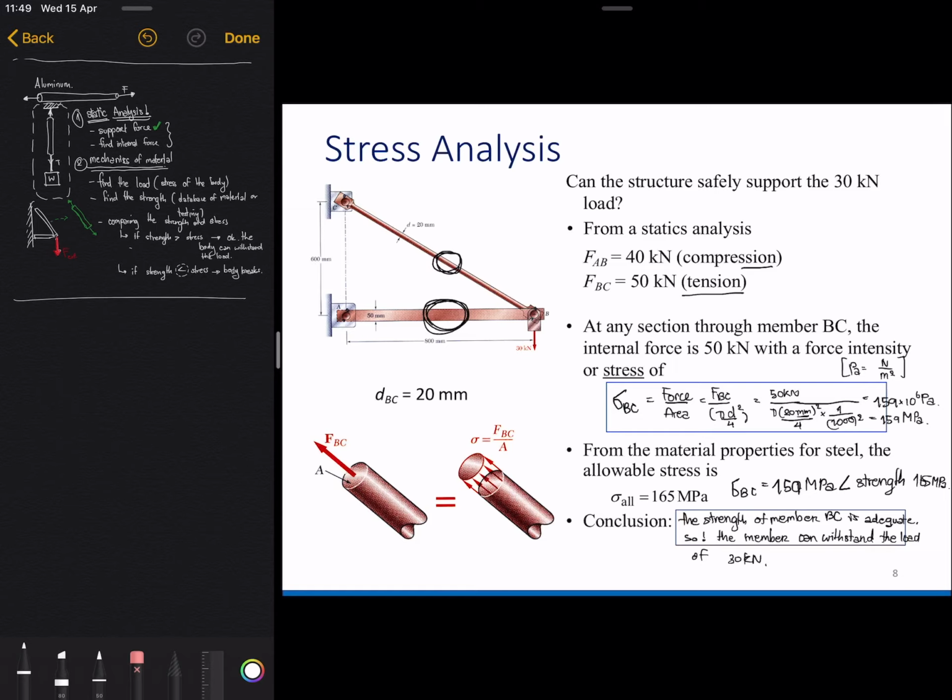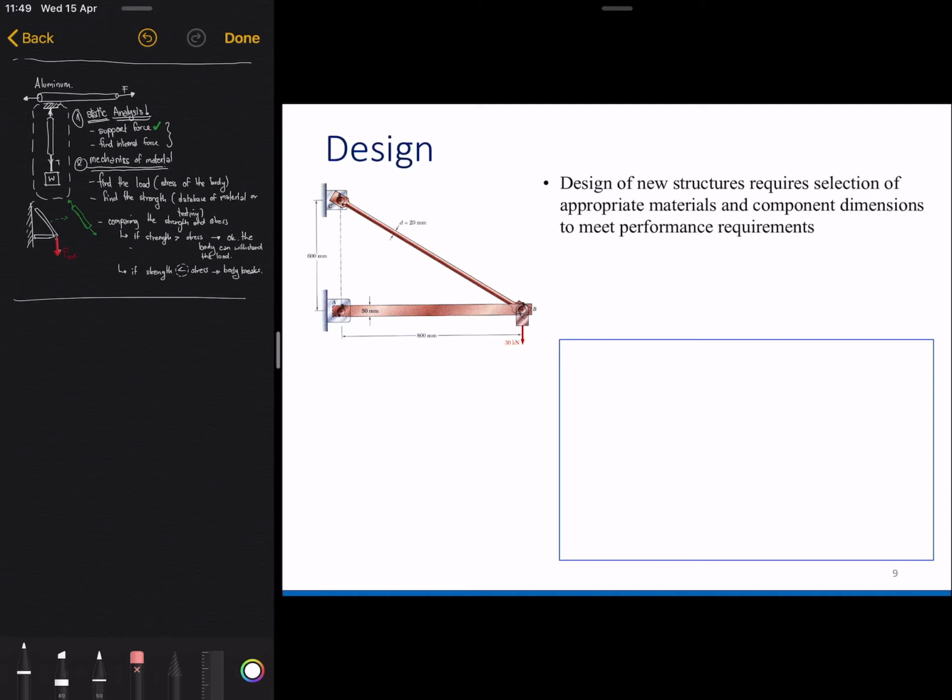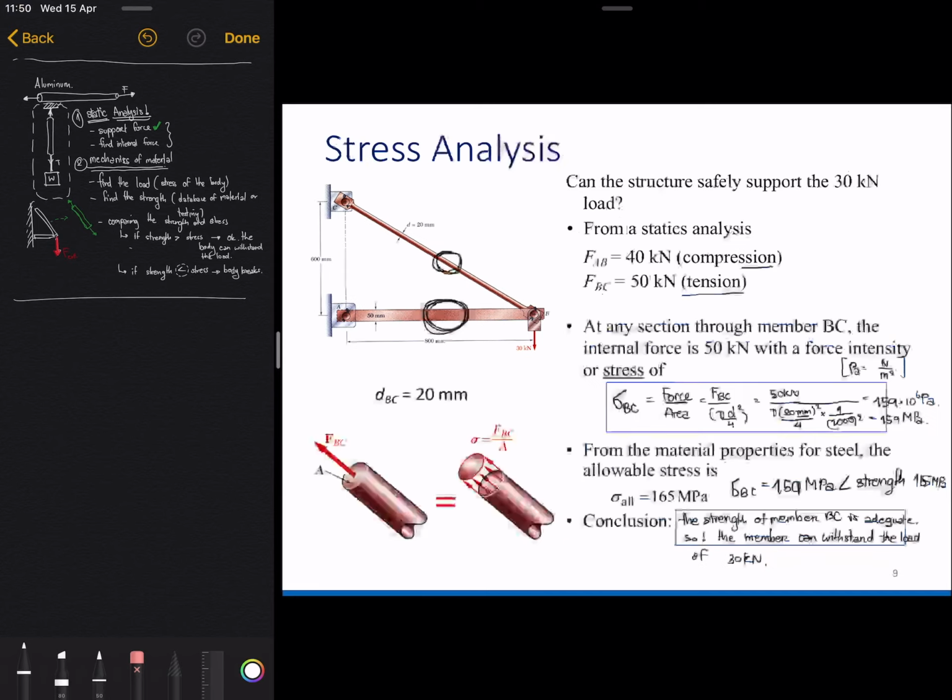And for example, previously we used steel.